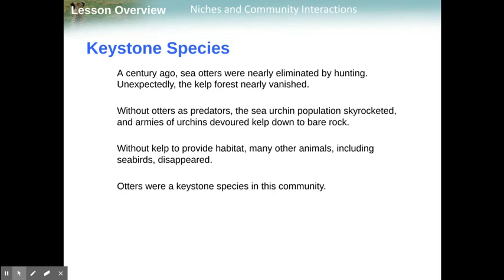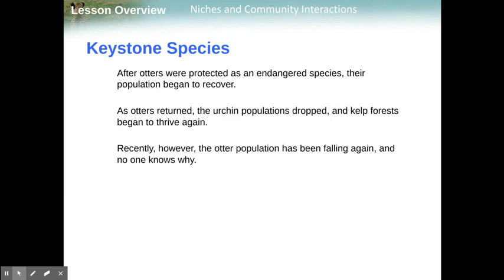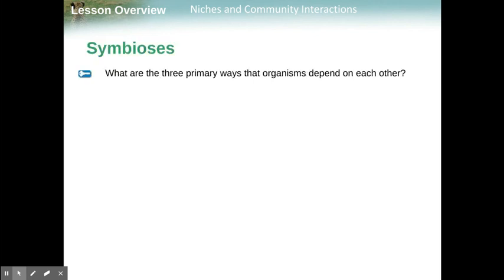So otters in this case were a keystone species that helped balance everything out. Recently, however, through a lot of restorative processes, we've actually seen the sea otter population rise again, and hopefully it will return to its original level.